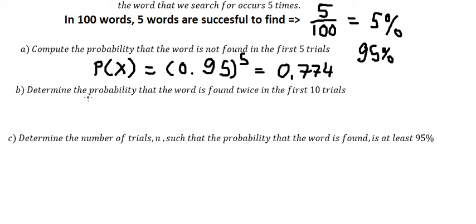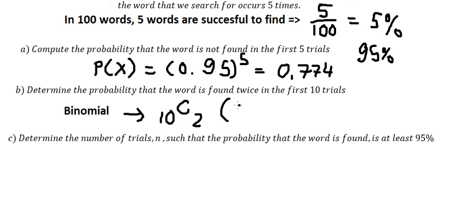Question B, determine the probability that the word is found twice in the first 10 trials. So in this one we can use the binomial. So that should be, because we can find 2 out of 10, that means we have combination 10 choose 2. We know that we have 5% to be successful.